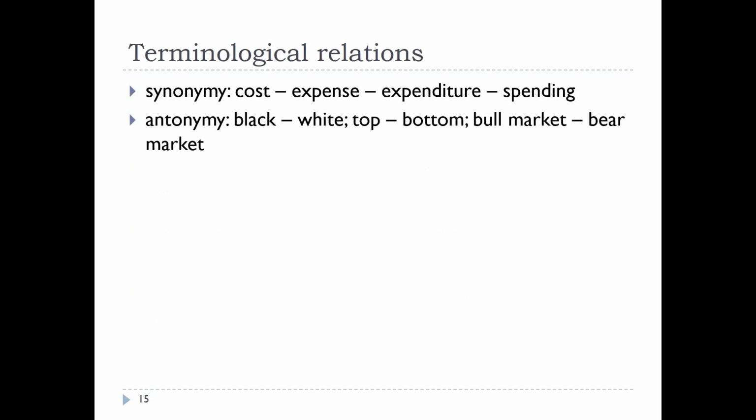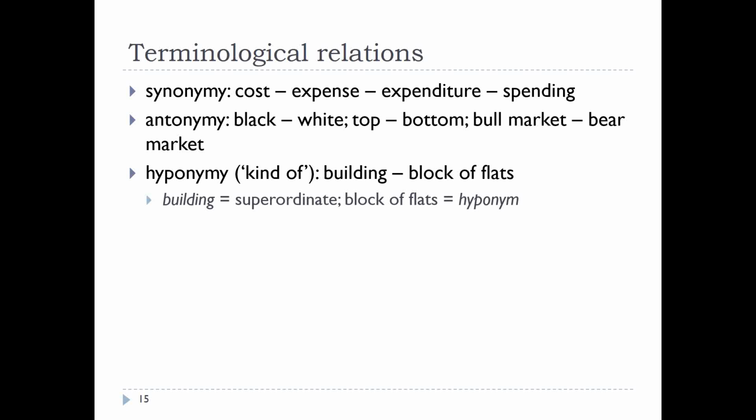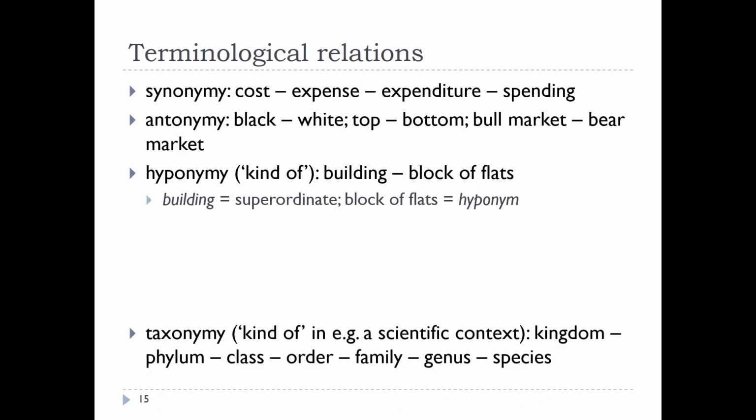The opposite of that is antonymy, when words have opposite meanings. But then we can move on to other, perhaps less well-known terminological relations, such as hyponymy, which refers to the situation when one term is much more general than another. So a building and a block of flats. A block of flats is a type of building.